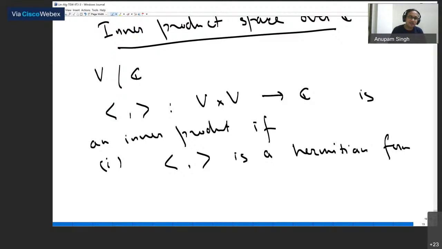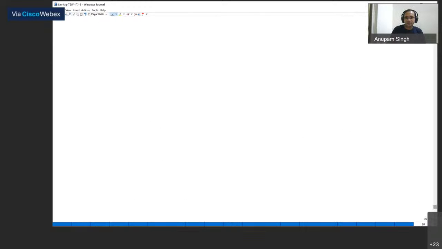And in addition, we need some kind of positive definite property. So this is again <v, v> is greater than 0 if v is not 0. This is the extra property required here.